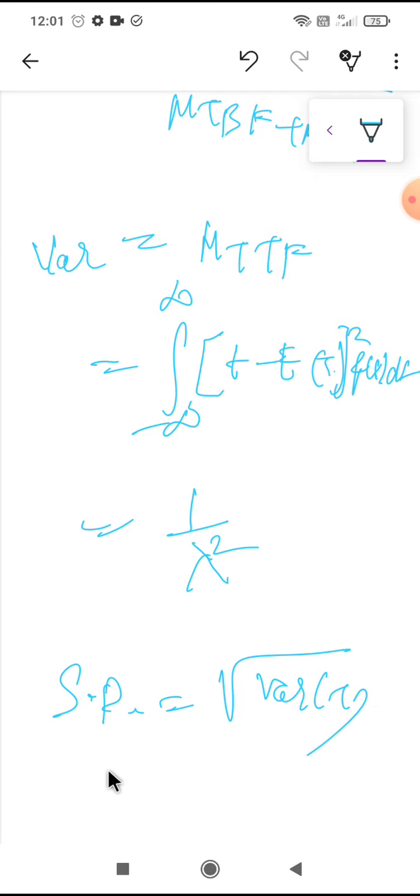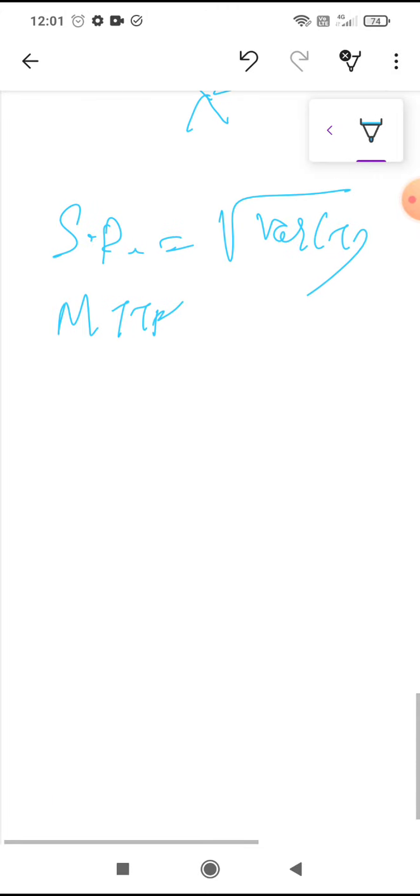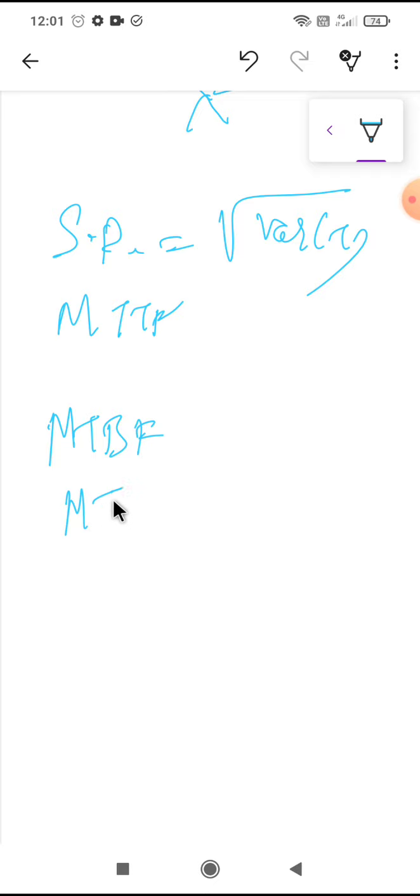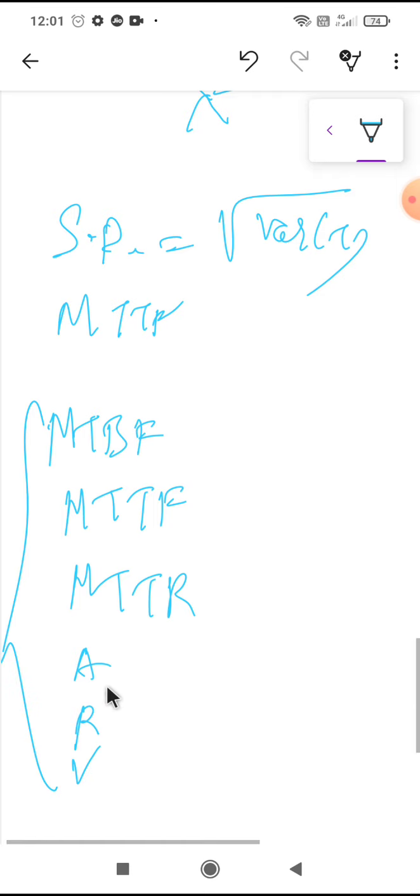So these are the basic functions which we have seen: MTBF, mean time between failures, MTTF, mean time to failure, MTTR, mean time to repair, and then availability, reliability, and variance.